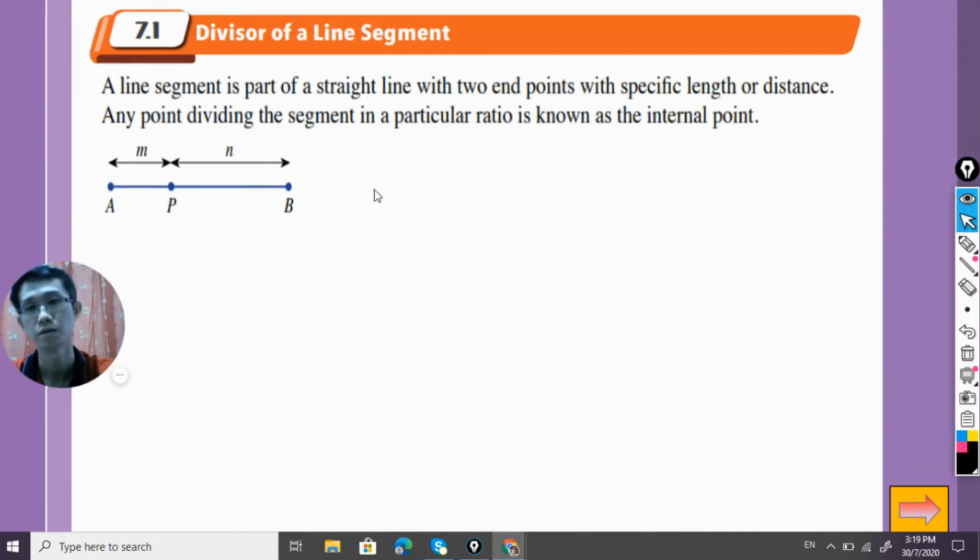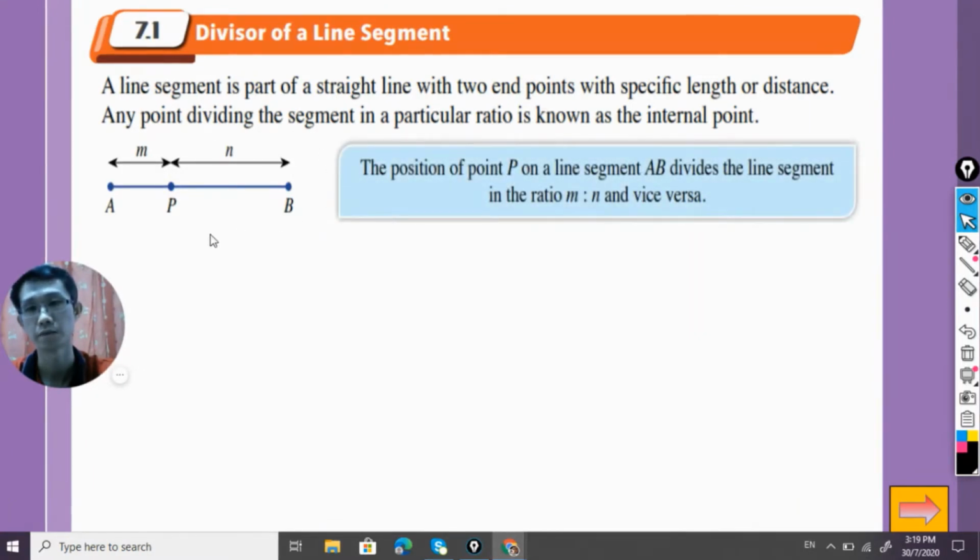So this is one example, line segment AB with the position of point P on the line segment as shown here, and this position of point P will divide the line segment in the ratio m to n.